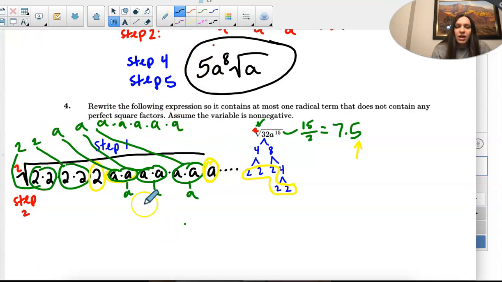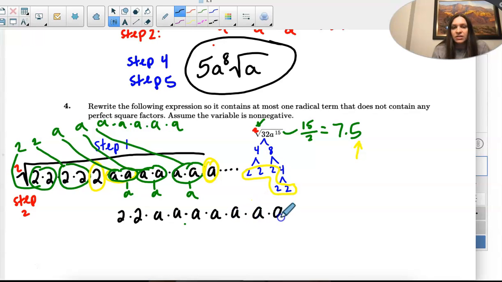So outside the radical, I have a 2 and a 2 and 7 A's. 4, 5, 6, 7. And inside the radical, I have a 2 and an A that did not have a group, so they were left inside.